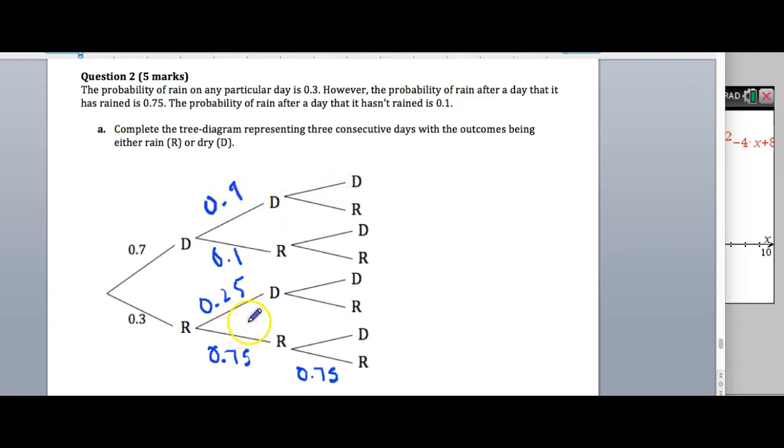This one here is dry, so dry is 0.9. Rain after a day that hasn't rained is 0.1. And 0.25.